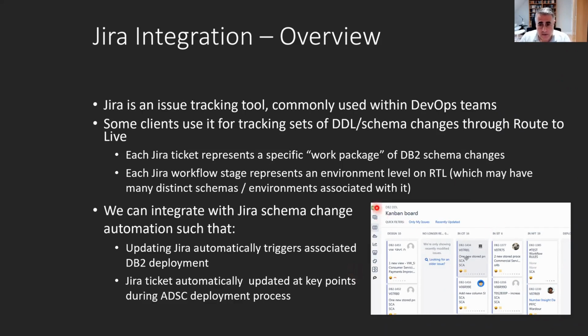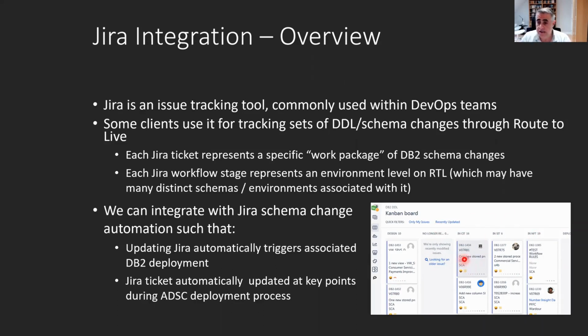And it's quite common to see Jira being used for DDL changes as well, where you may have swim lanes like I've got down in the bottom right here, where you've essentially got swim lanes that reflect your route to live. So in this particular case, we've got changes that are in design, in CIT, in SIT, NFT, production, and each individual ticket here represents a particular DDL change, a particular set of changes you're making to your schema.